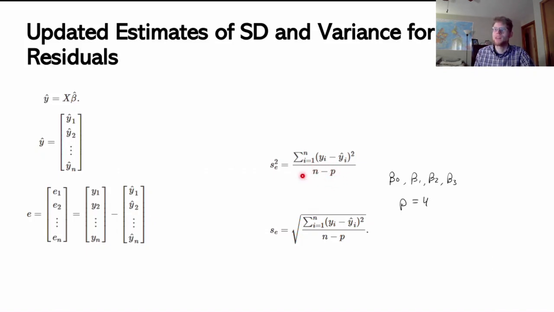Basically, we make our denominator a little bit smaller every time we have a parameter estimate. So it has to do with unbiased statistics and what happens when we're estimating variance with parameter estimates. The meaning is not so important as just knowing this is going to be our expression for the variance of the residuals. And this is our expression for the standard deviation of the residuals when we're working with multiple linear regression.